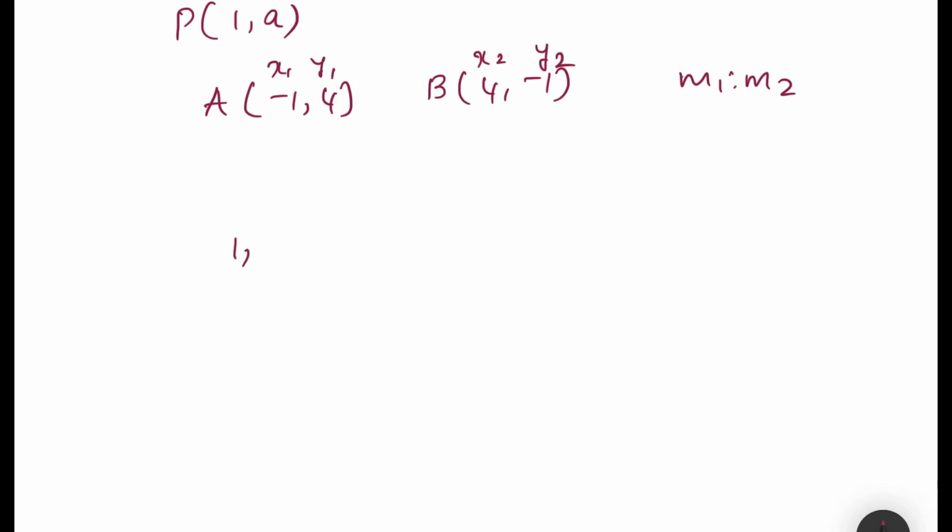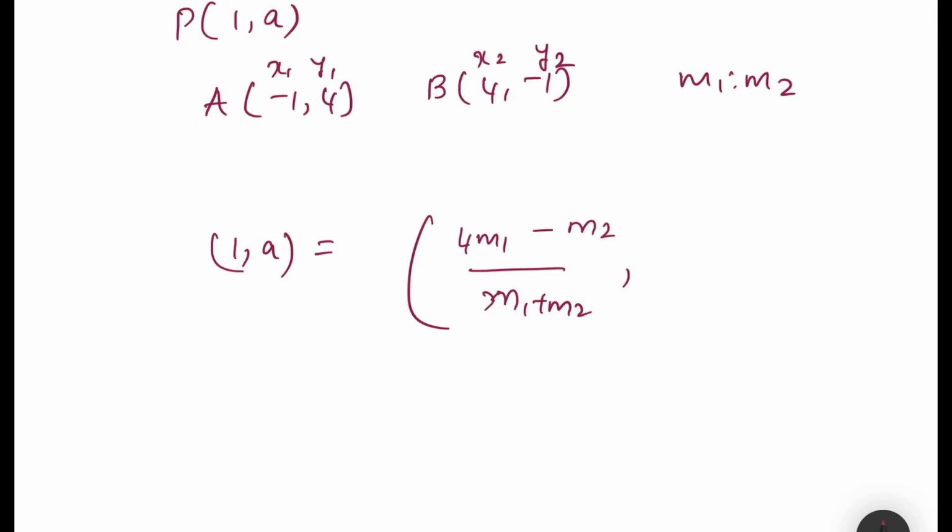So directly I can write (1, a) equal to, m1 into x2 you have 4m1 minus 1 into m2 by m1 plus m2.